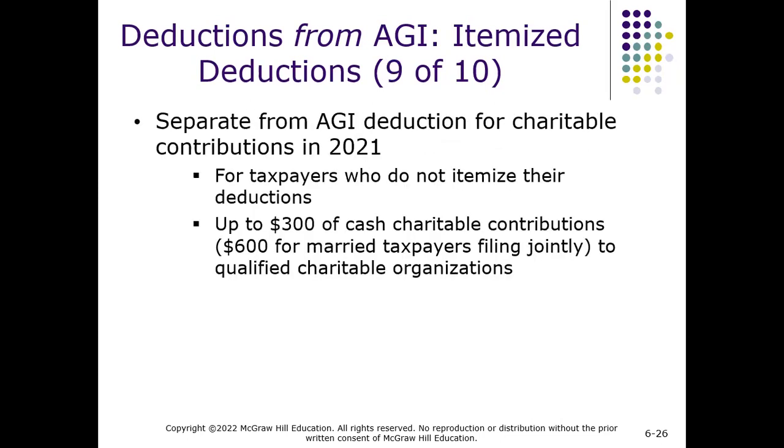Okay. Another thing, a separate from AGI deduction for charitable contributions for taxpayers who do not itemize their deductions. This is in 2021. In 2020, it was a for AGI deduction. In 2021, anyone who just does a standard deduction can deduct up to $300 of cash contributions, cash, not property, as a from AGI deduction in addition to their standard deduction.